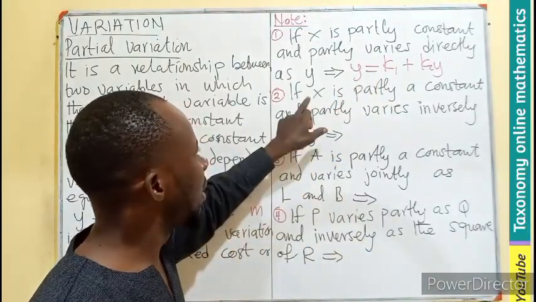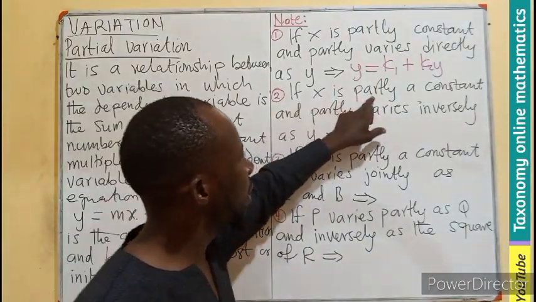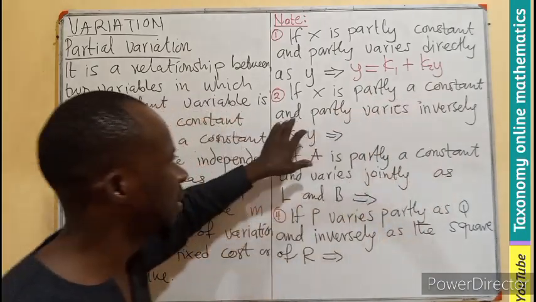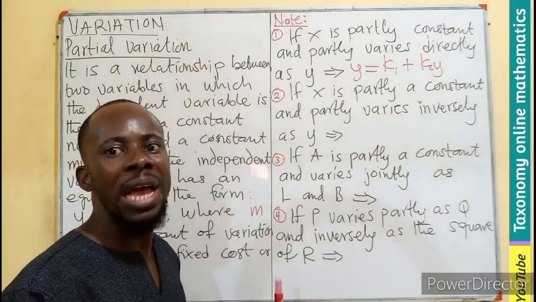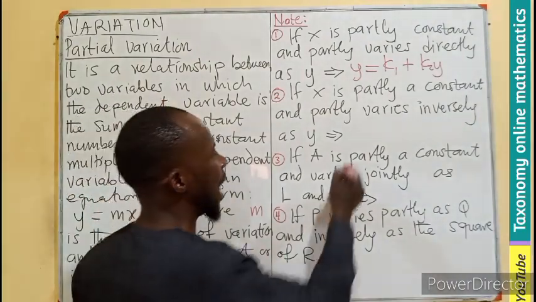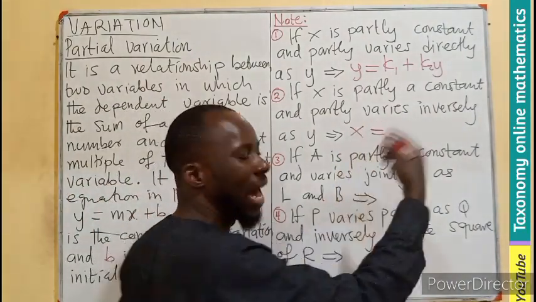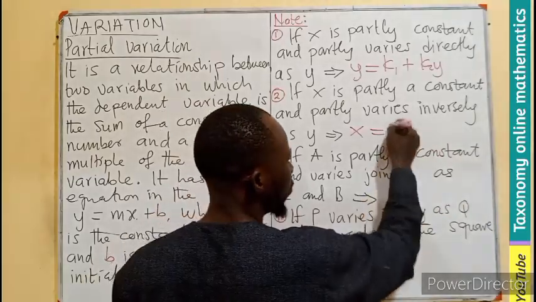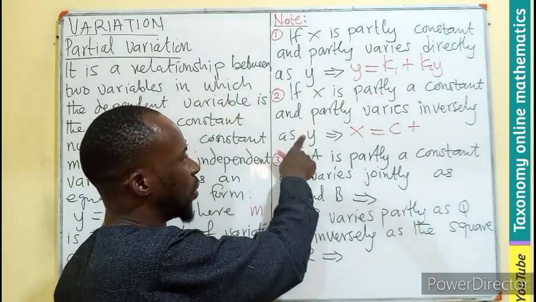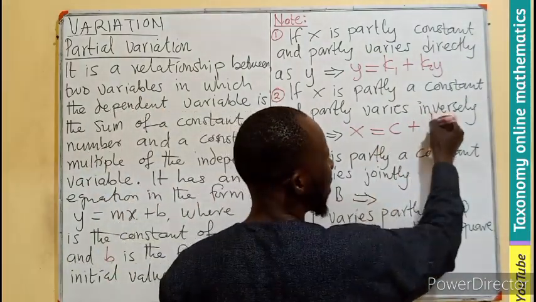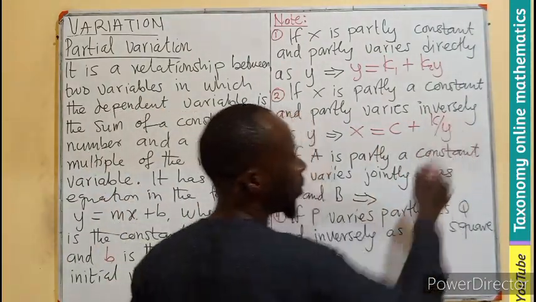All right, if x is partly a constant and partly varies inversely as y, you are picking x equals to the sum of that constant, so let me use c, plus the next constant of variation with y, which will be k divided by y.